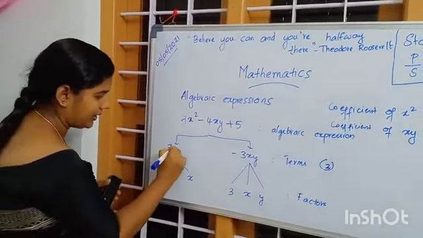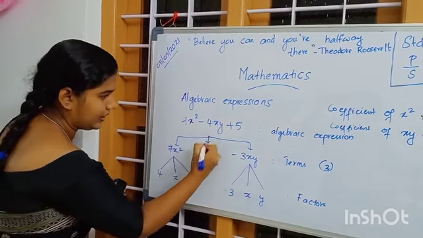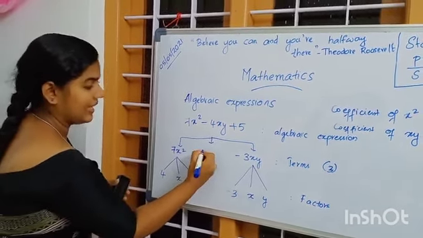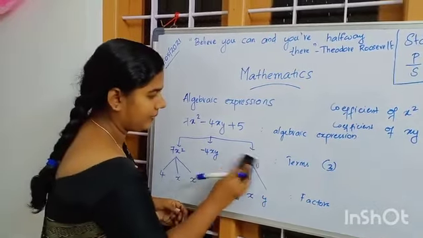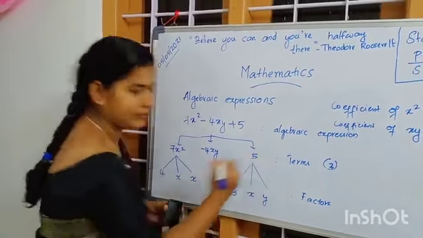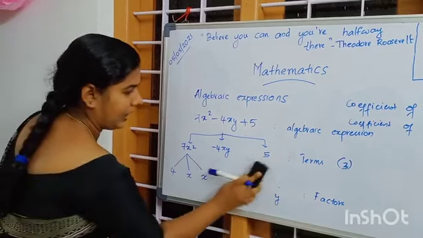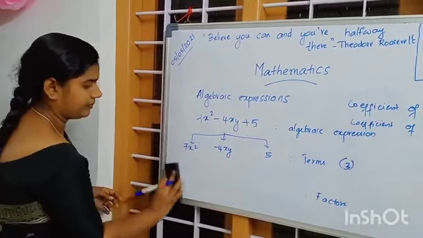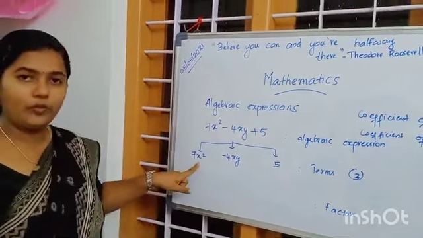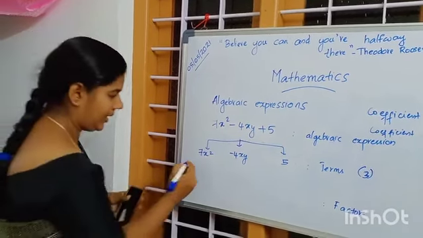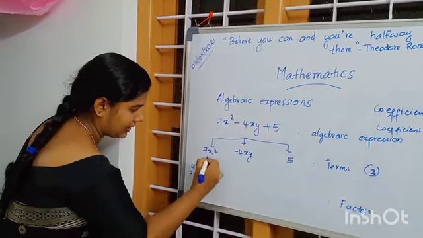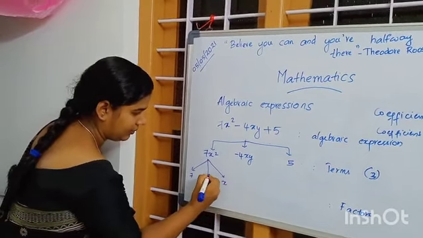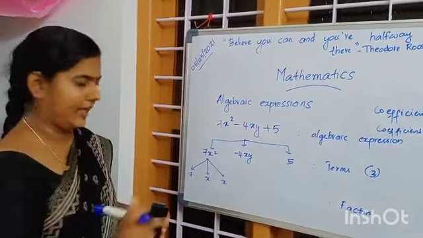First one is 7x square and second, yes, negative 4xy and the third is 5. Correct. And what about the factors? Here, which are the factors? Yes, we have 3 factors. They are 7, x and again x. Because x square is split as x and x.